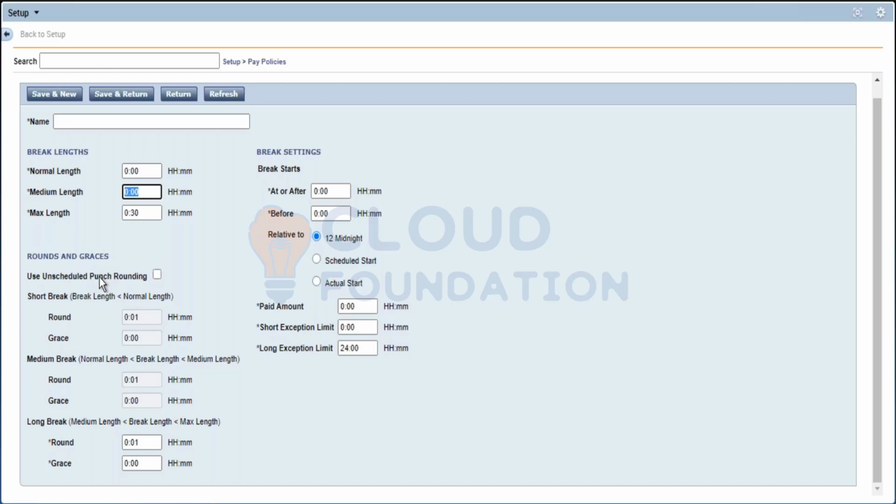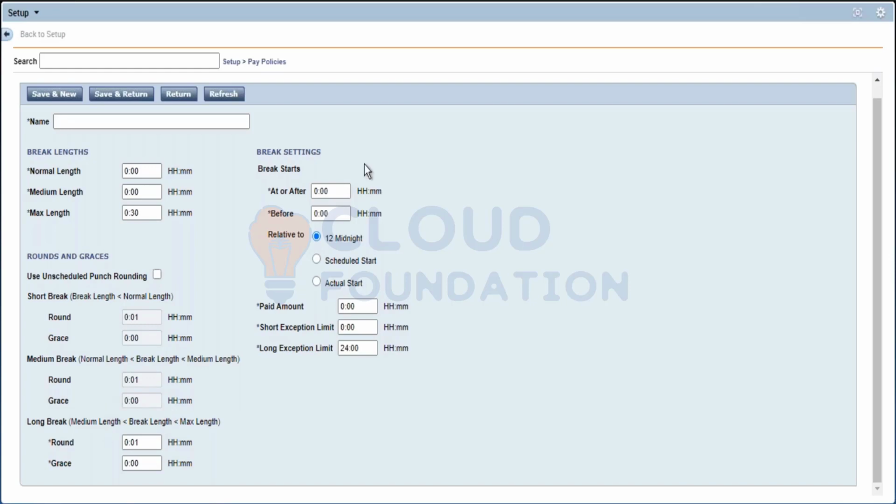When you select unscheduled, your short, medium, and long get disabled, so you'll not be able to use the punch rounding for your normal things. When you remove this unscheduled, you'll be able to use rounds and graces for your short, medium, and long.